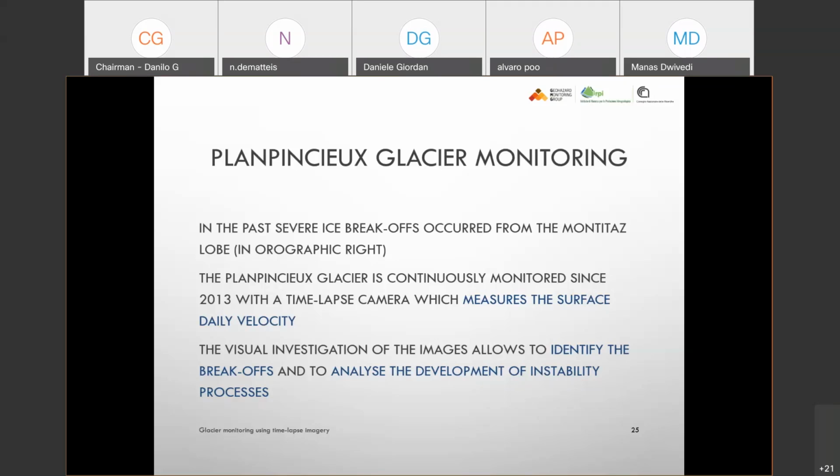This kind of monitoring allows measuring the surface daily velocity of the glacier, but also the visual analysis of the pictures allows to identify the break-offs and to evaluate the behavior of the glacier and the development of possible instability processes.